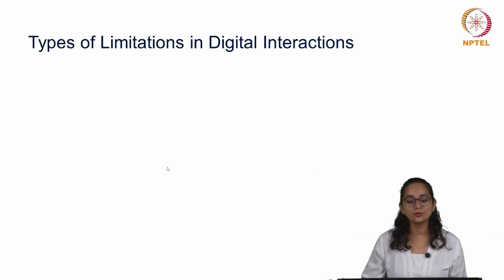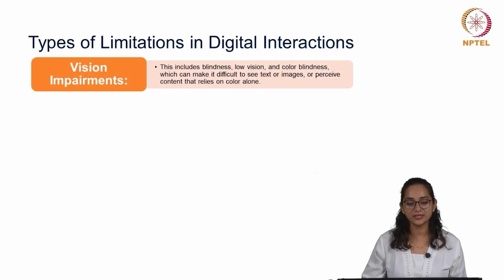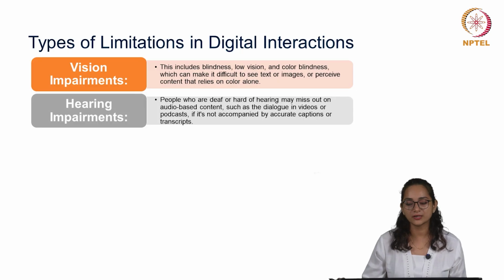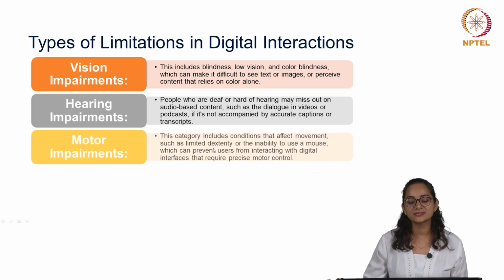In the previous session we also discussed the various types of limitations in digital interactions. There can be visual impairment, which makes it difficult to see text or images or perceive content that relies on color and all of those visual factors. Hearing impairment makes it hard for people to hear audio based content and they miss out on those details of the interaction.